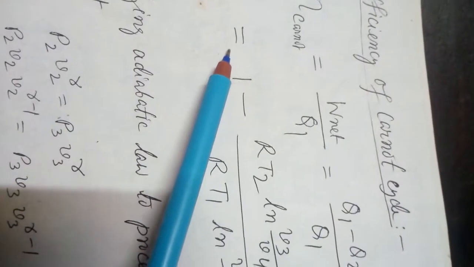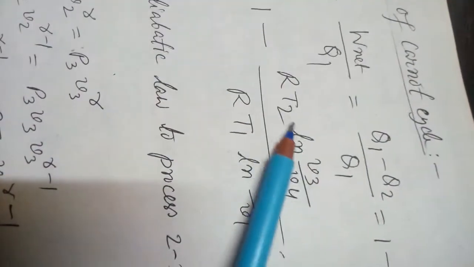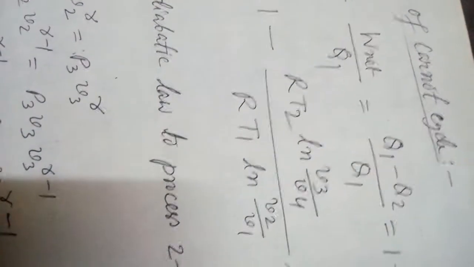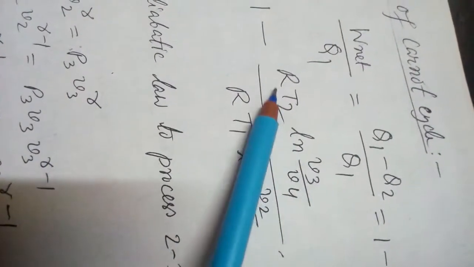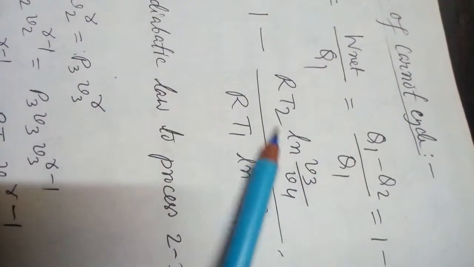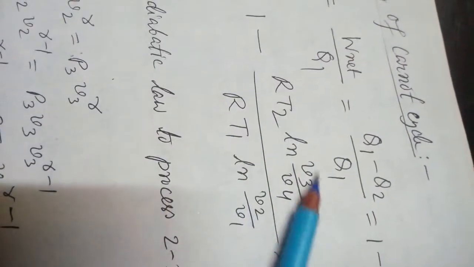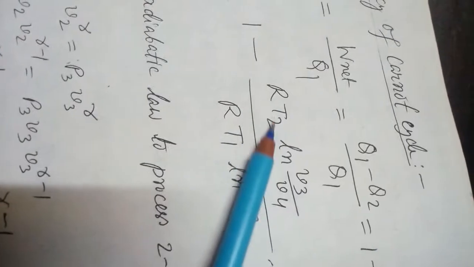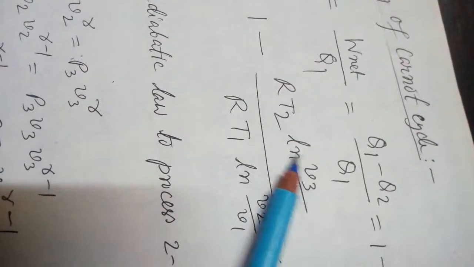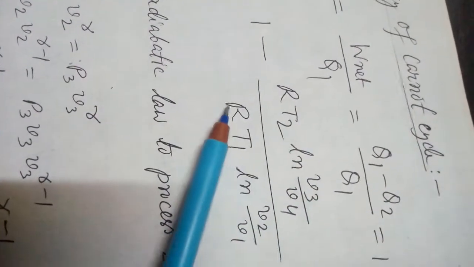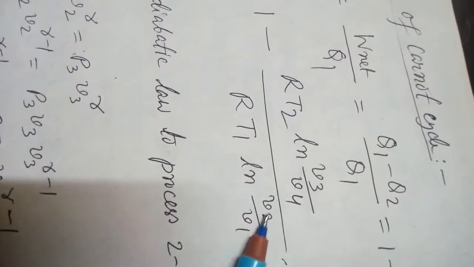So efficiency is equal to 1 minus Q2 by Q1. For doing the isothermal work, this is the equation of the work done. Integration of PdV. If you do it, it will be like this: RT2 into ln V3 by V4, RT1 into ln V2 by V1.